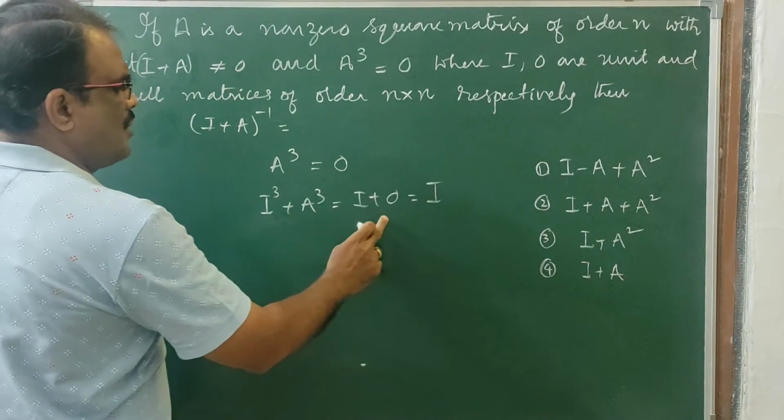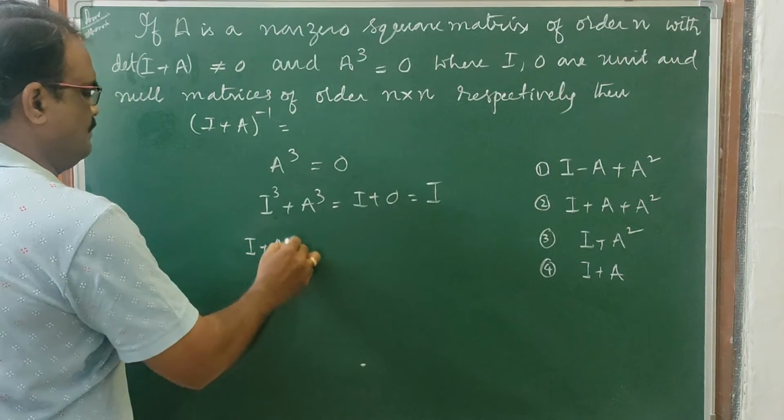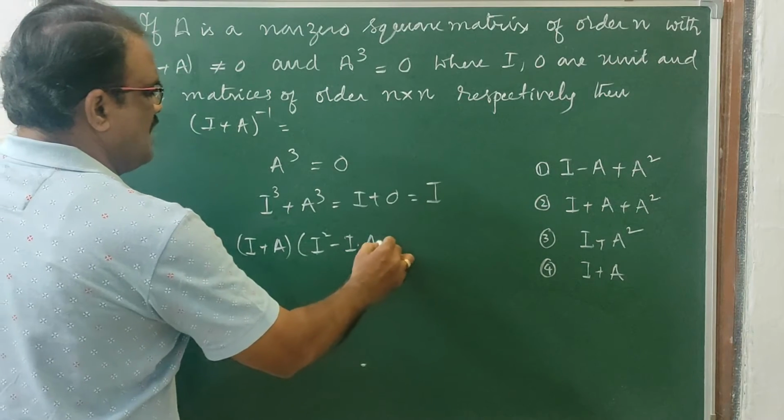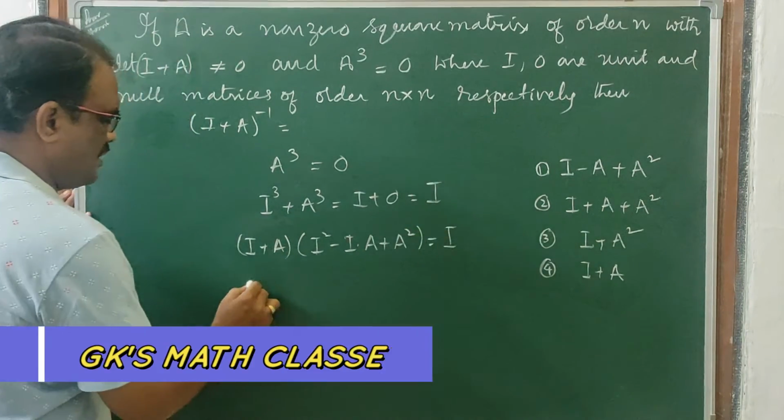So a cube plus b cube, a plus b into a square minus ab plus b square, is equal to identity matrix.